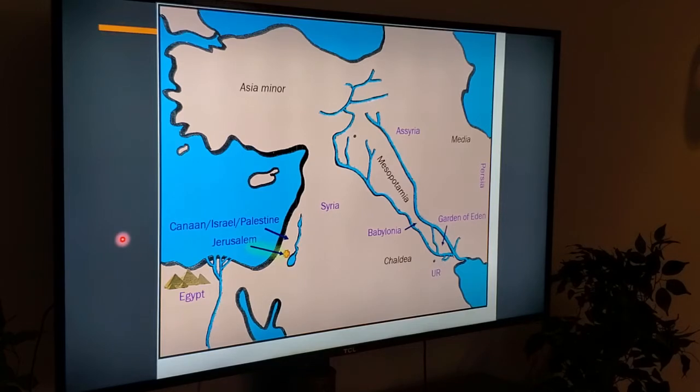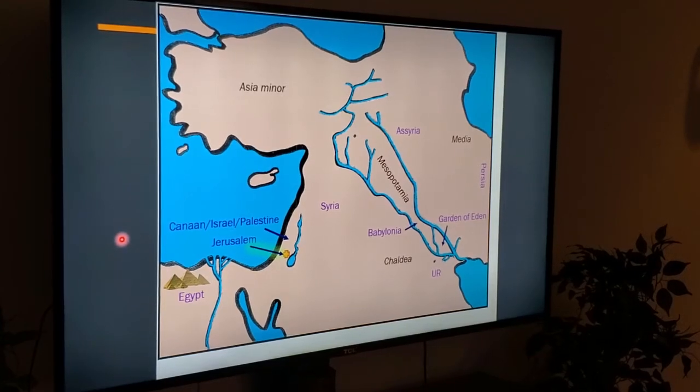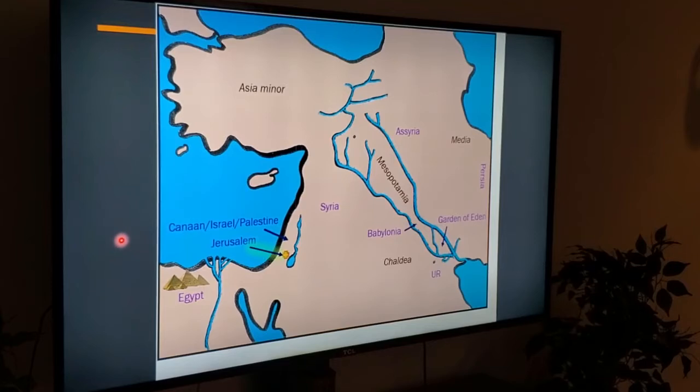Ur of the Chaldeans. That's where Abraham was living when God spoke to him and told him to leave his homeland and go to a land that God would show him.